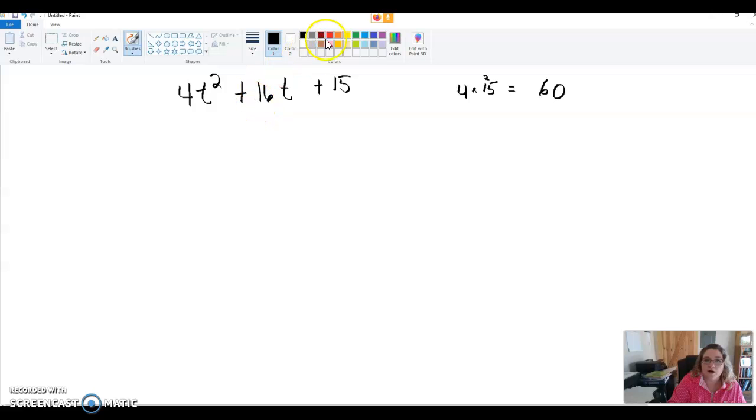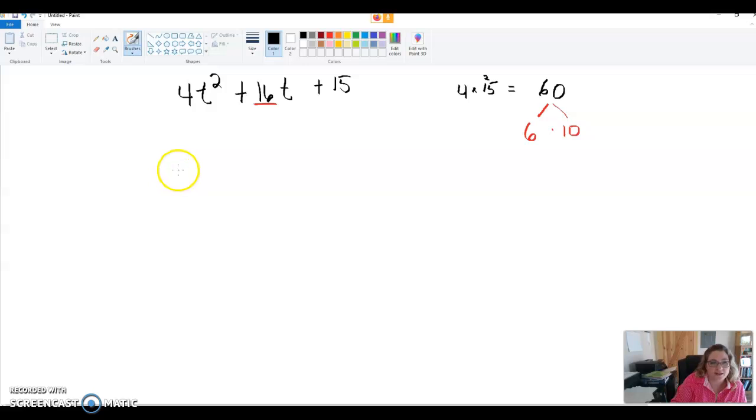Now I need to know what factors of 60 will add up to be 16. And we know that 6 times 10 gives me my 60, and 6 plus 10 gives me 16. So I'm going to replace this middle term with my 6t plus 10t.